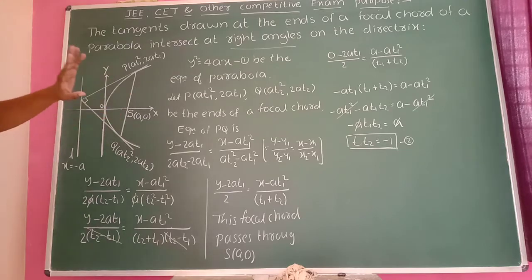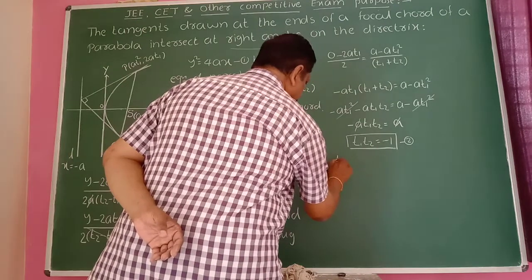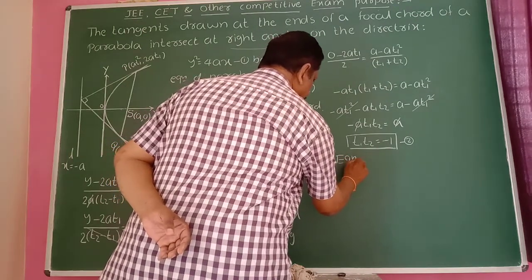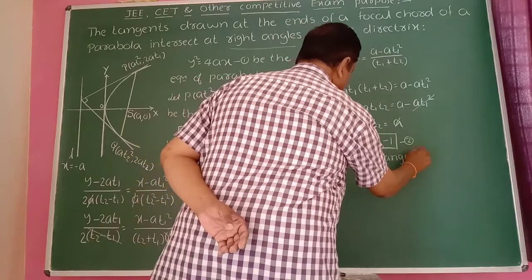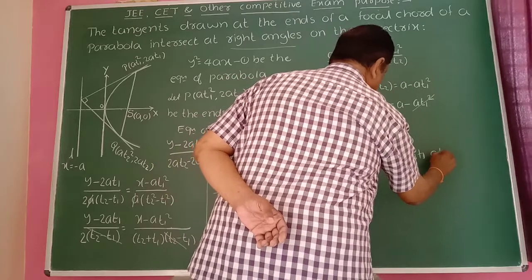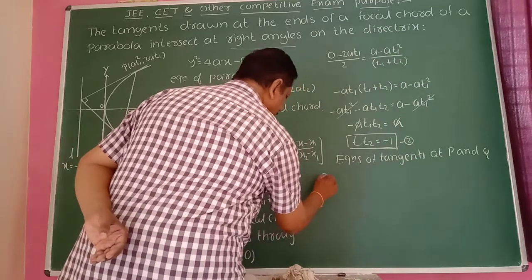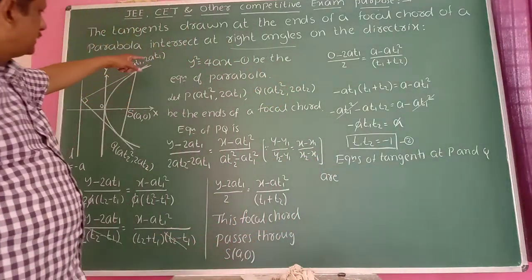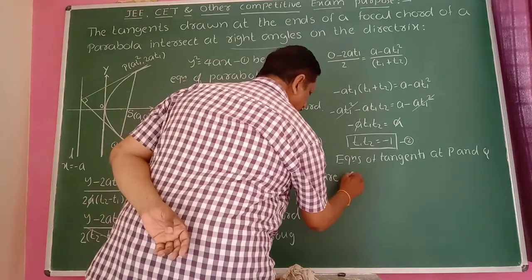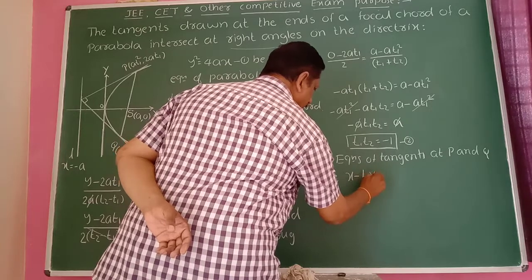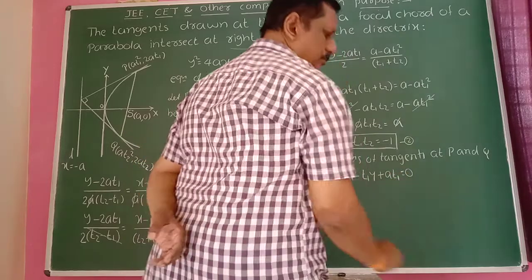First write the equations of the tangents at the points P and Q. The equation of the tangent at the point P is given by x minus t1 y plus at1² is equal to 0.